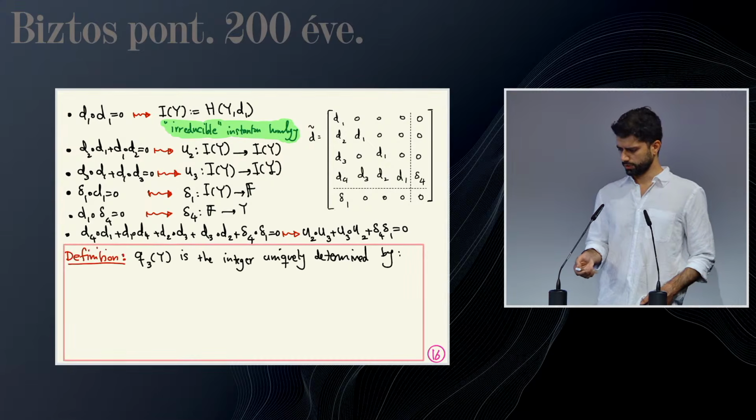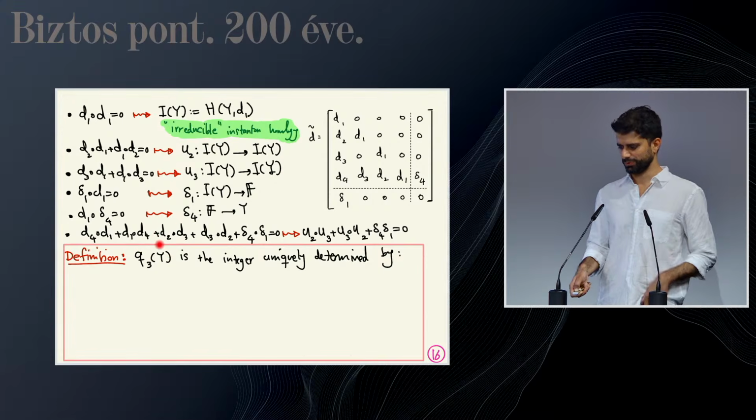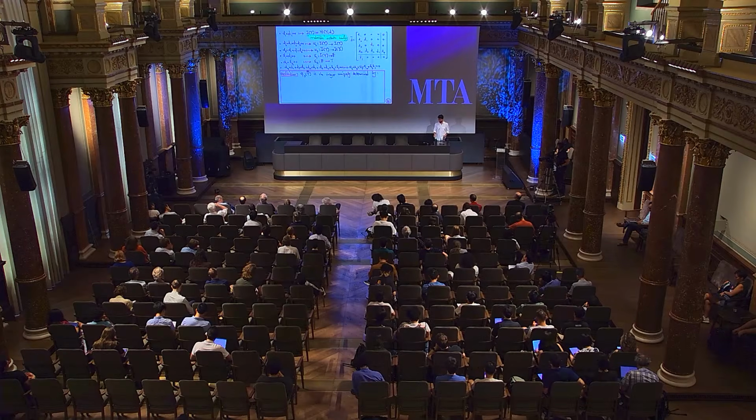In particular, even though this is not exactly in his paper, in his paper he defines the invariant Q2, but because for me it's more relevant to talk about Q3, I'm not going to define Q2, I'm going to focus on Q3. This is also something that he's been giving talks about for a while, and this is his definition.